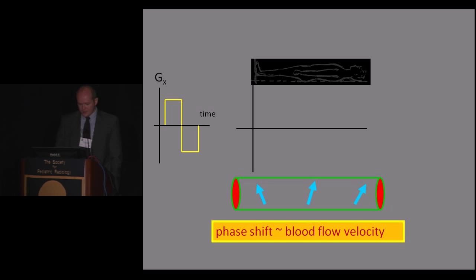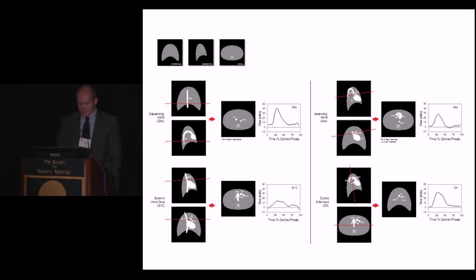So how do we actually make a measurement? Well, the first step is to find the vessel that we're interested in, and anatomical sequences like the ones we've just heard about are used to define the vessel orientation. To make a phase contrast Cine flow measurement, it's important to orient your slice perpendicular to the vessel of interest.